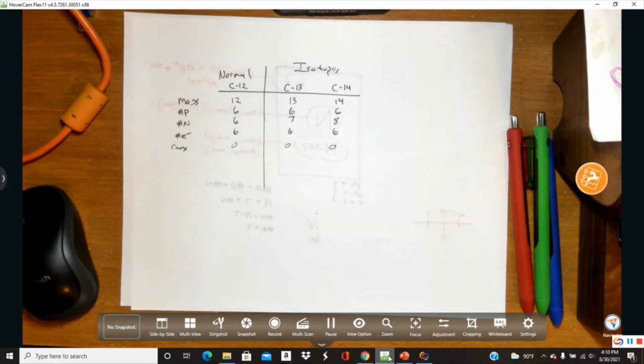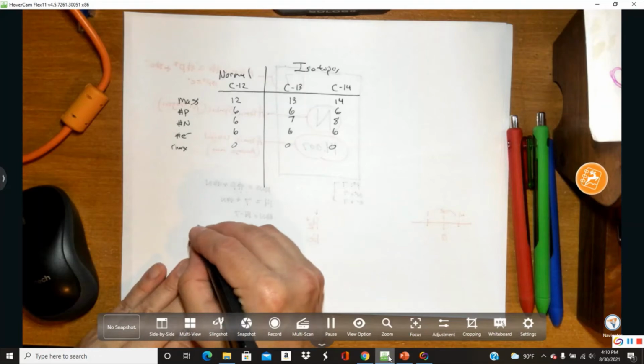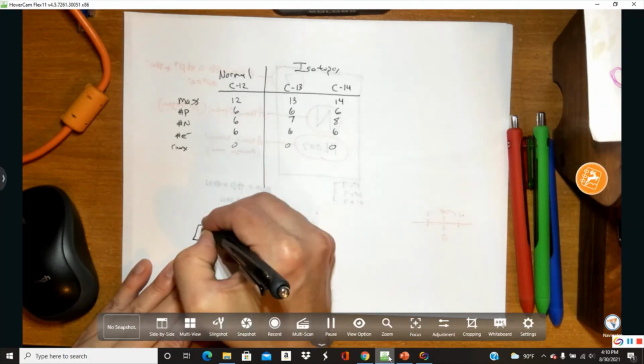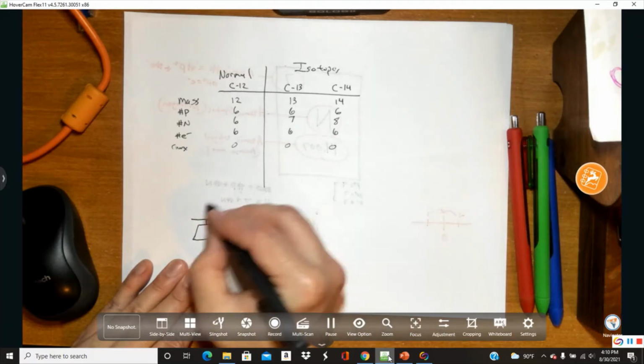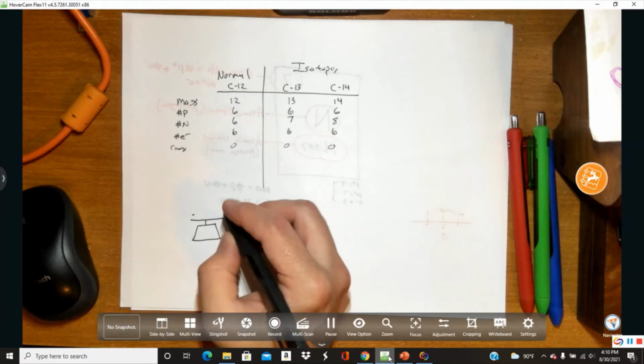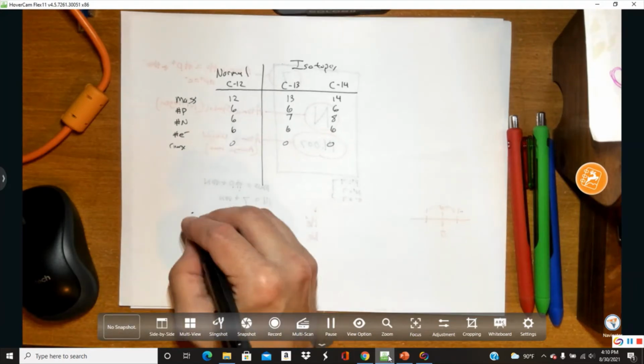It is like if I had a balance here and I was weighing out a bunch of things, all these protons and neutrons.